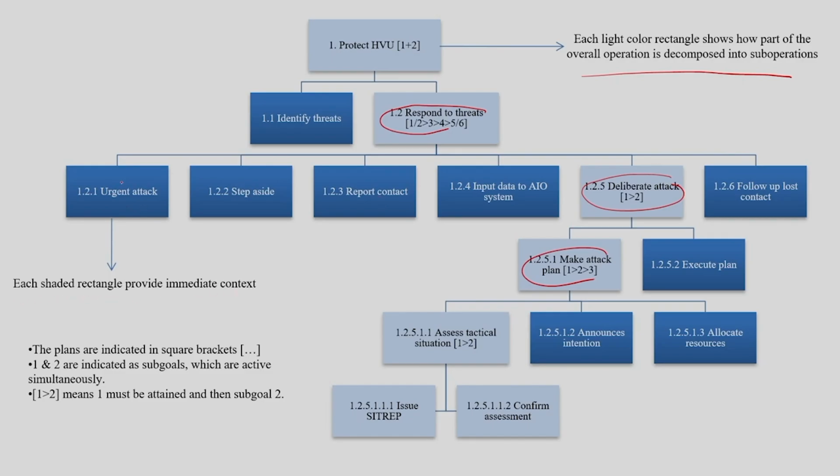So each deep color means immediate action. Here you can understand these are the immediate actions to be done. It is just a representation, for your understanding of how you can really derive your decomposition table.